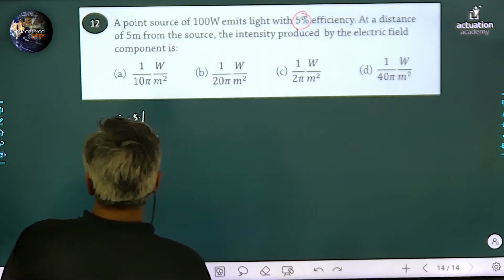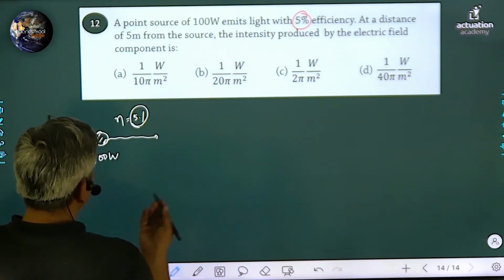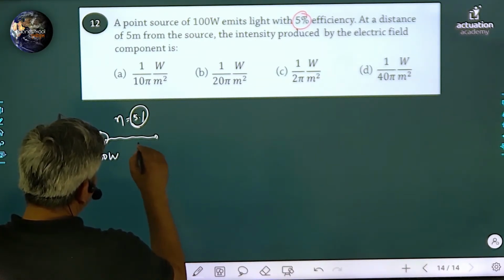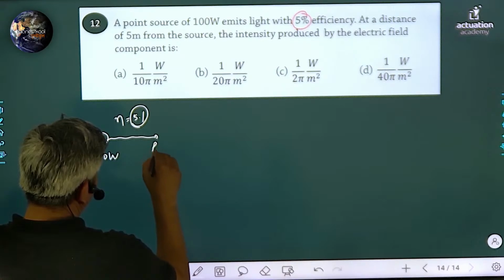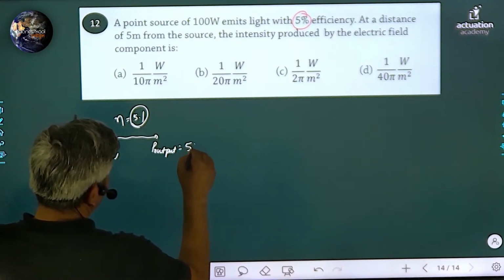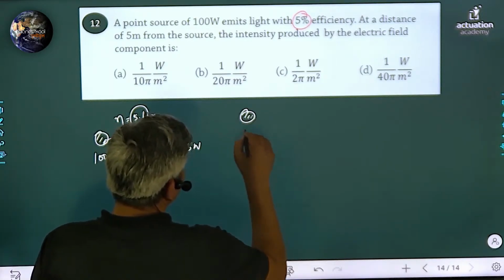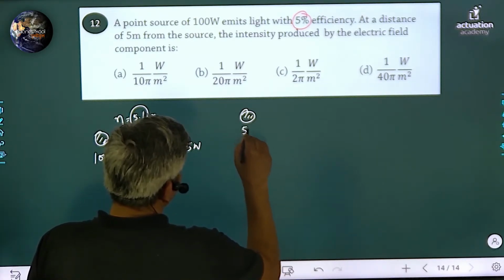Though it's consuming 100 watt of power, it's actually emitting 5% only. So the power output of this bulb is 5 watt only because of efficiency of 5%. So we can redraw it that there is a source of 5 watt.